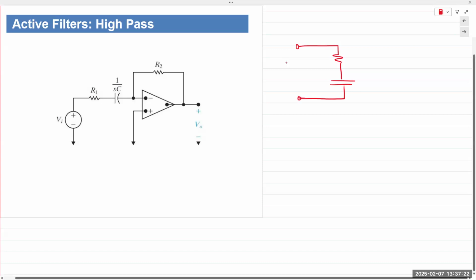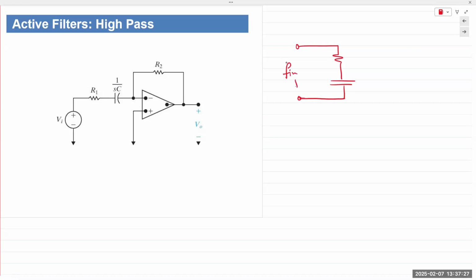If this is our input, V in, the output across the capacitor is a low pass filter. The output across the resistor is a high pass filter, right?